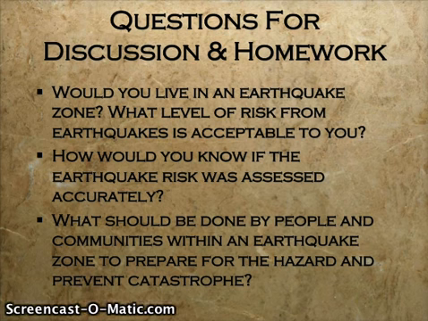So what we really want to look at here is, how do scientists study earthquakes? And if you look at an earthquake risk assessment, what kind of characteristics would you be looking at that would tell you that the assessment was done correctly? So we don't want to wait till after the earthquake.